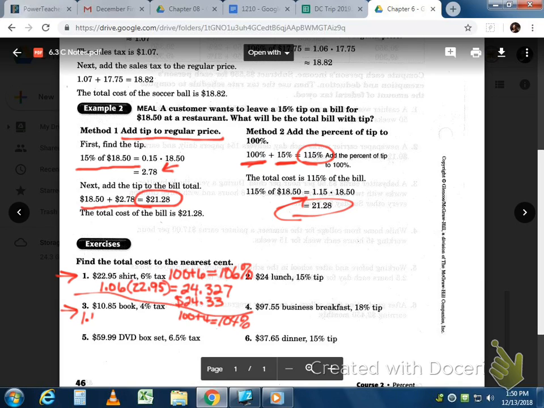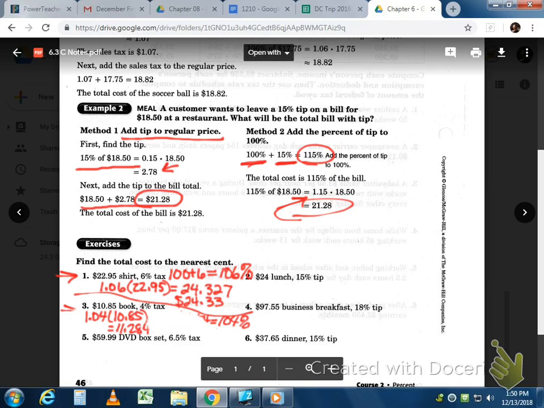So 1.04, and we're going to multiply that by 10.85. When I do that on my calculator, I get 11.284. So Olivia, what would you write for your answer? $11.28. Good job.